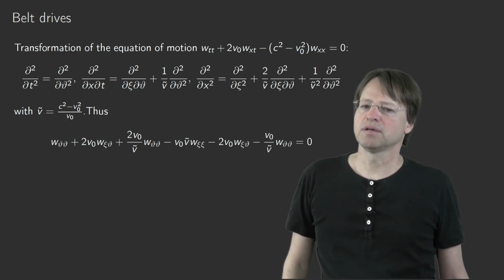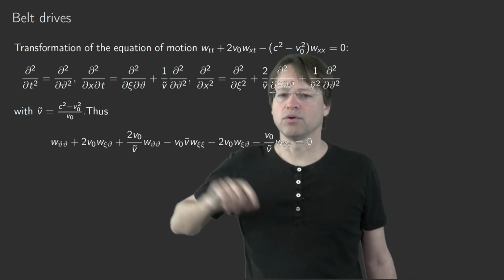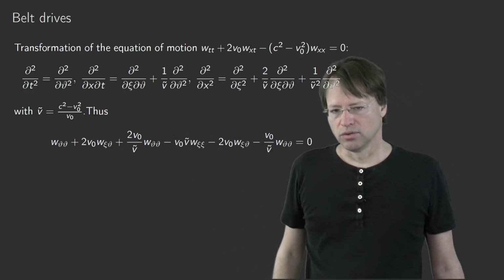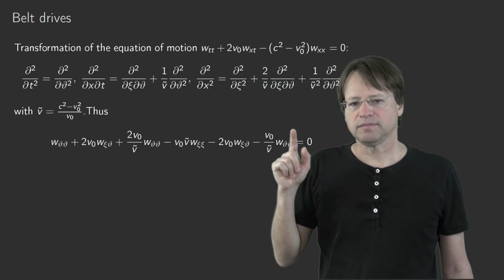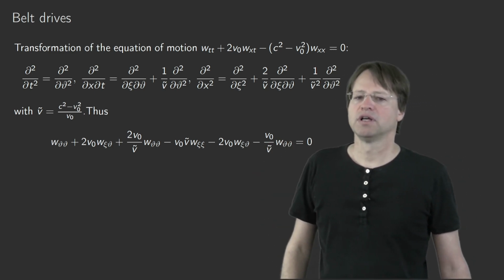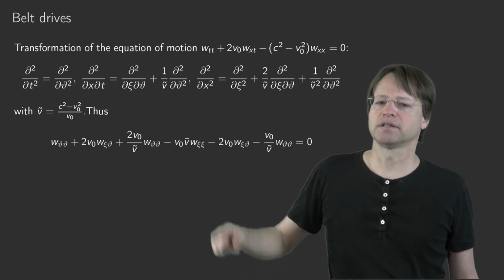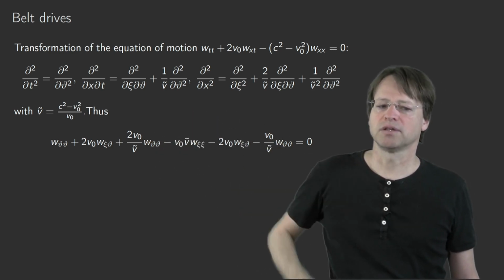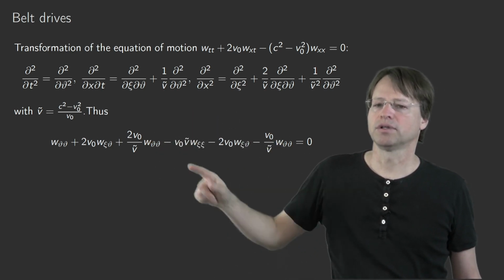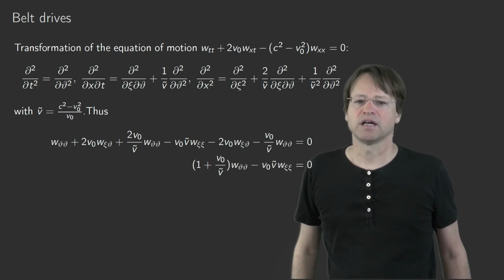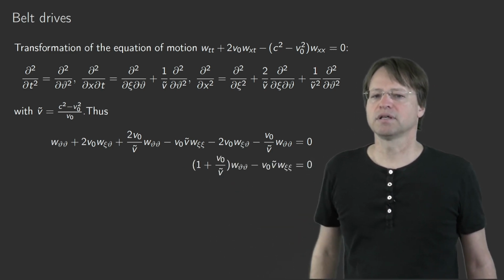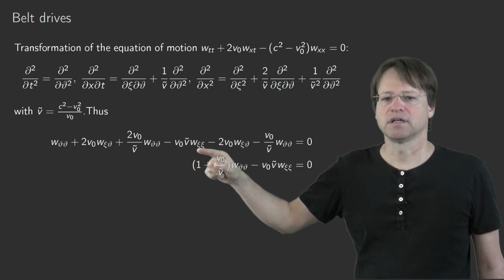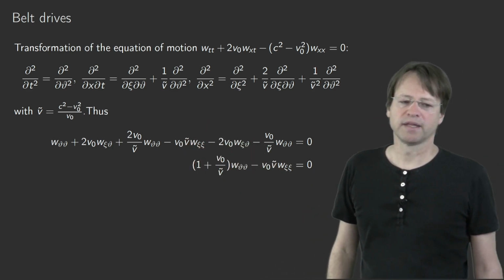With respect to tau, we have a coefficient of 1, a coefficient of 2 times v naught divided by v tilde, minus a coefficient of v naught divided by v tilde. So if we add these two terms, then we arrive at 1 plus v naught divided by v tilde times w tau tau minus v naught v tilde w psi psi.